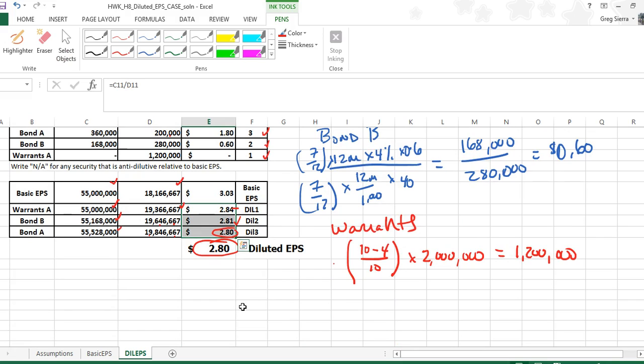So diluted EPS for GAAP is the minimum of the diluted EPS calculations. It's a worst case scenario. So whenever you read a financial statement, basic EPS is what actually happened. Diluted EPS is the worst that could have happened.